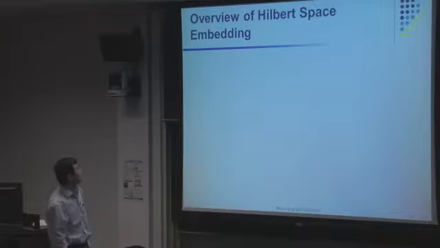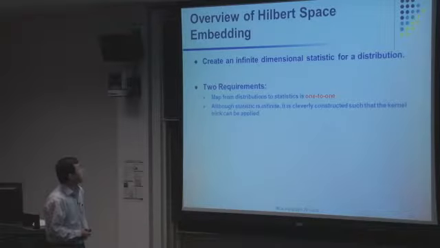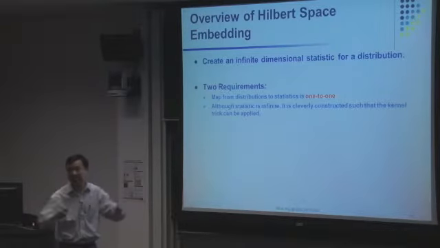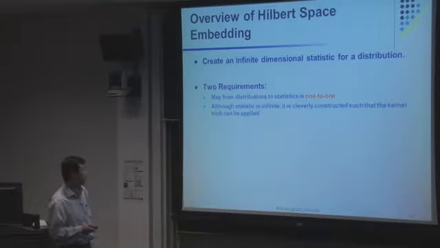And now we ask, can we use this to deal with our distributional embedding? All right. So that brings us to this embedding idea in the Hilbert space. So Hilbert space is basically this nice space where you have a lot of linear algebraic operation properties, which I'm going to list in a second.